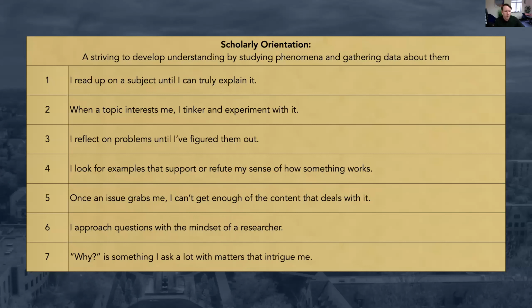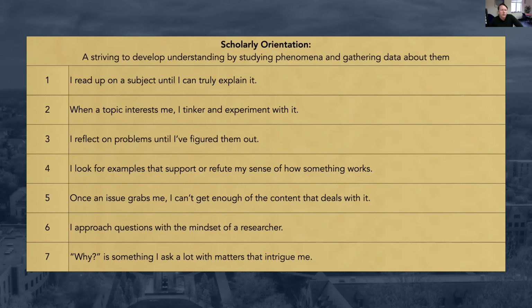And so I wanted to generate some items for our brand new construct. You see the definition up there, and here are 7 items that are essentially manifestations of scholarly orientation. If you have that kind of striving, then you probably read up on a subject. You probably tinker and experiment a little bit. You probably reflect on things until you figure them out.